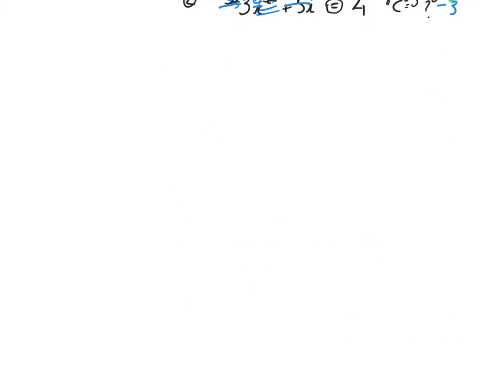Just before we go any further, let's remind ourselves of the conditions of the discriminant. If you find the discriminant to be greater than 0, that means that the roots are real and distinct.